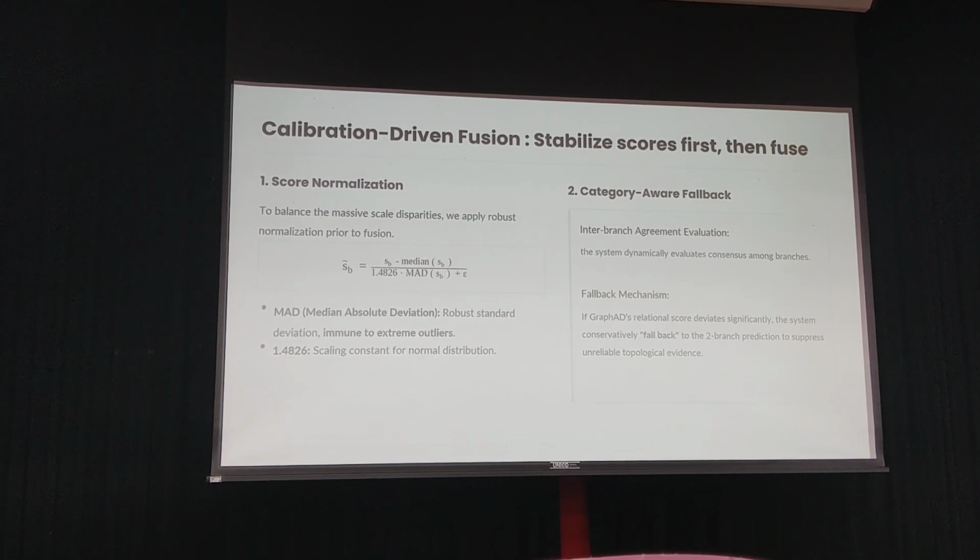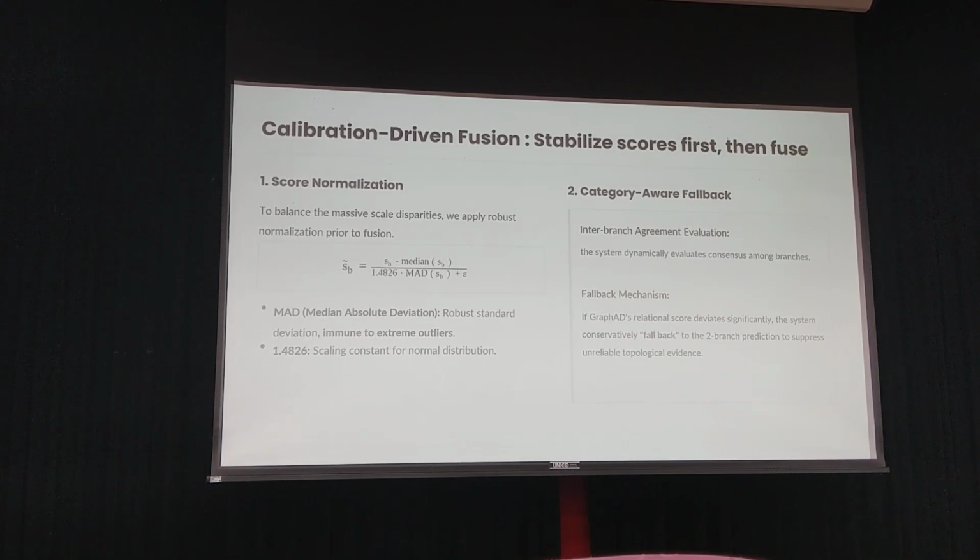Here the idea is to transform each branch score into a more comparable scale before fusion. In this slide, I use a robust normalization formula based on the median and the median absolute deviation, or MAD, which is less sensitive to extreme outliers.